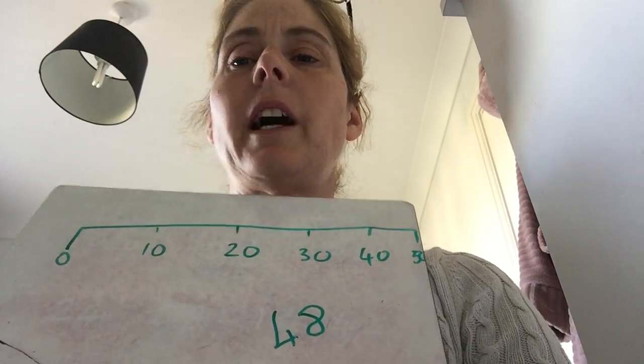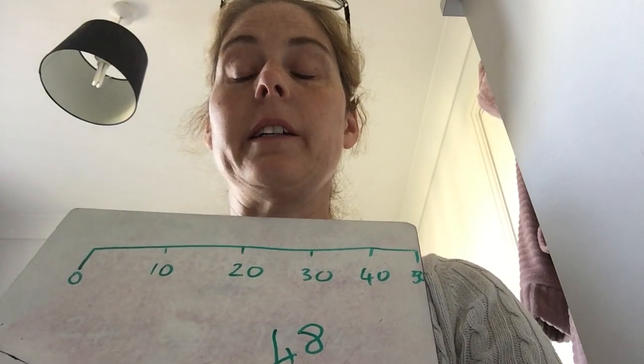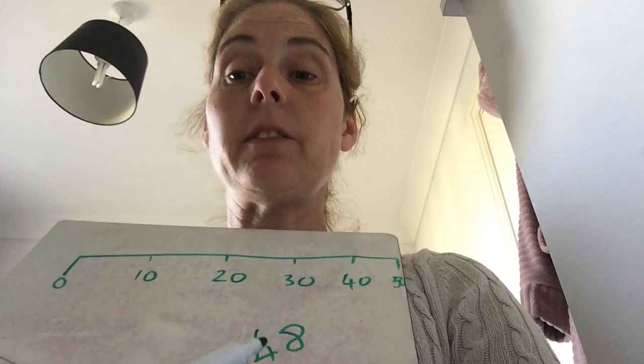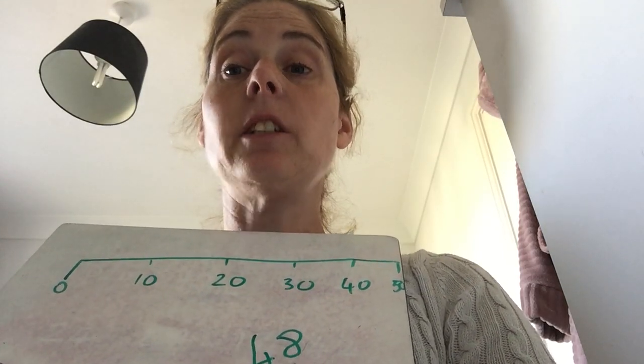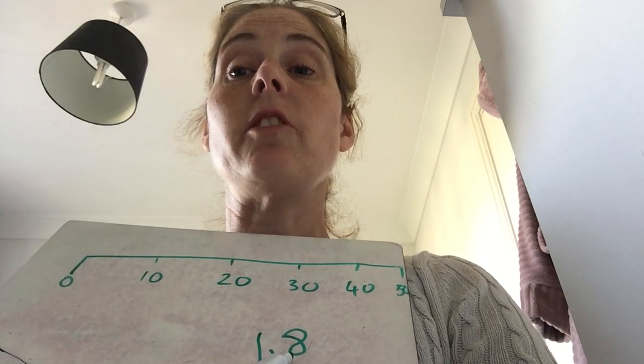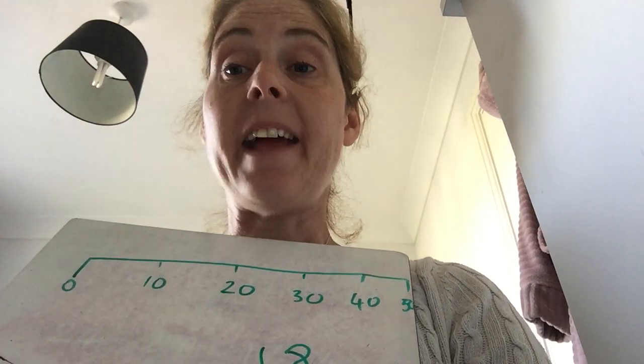Have a think and explain why. I'm hoping that you're able to explain that it comes nearer the 50 than the 40. The reason for that is because it has 8 ones, and 8 ones is near to the 10, which means that we are nearer the next 10. Okay, so remember, there we go. So it's going to go here and it will be here.